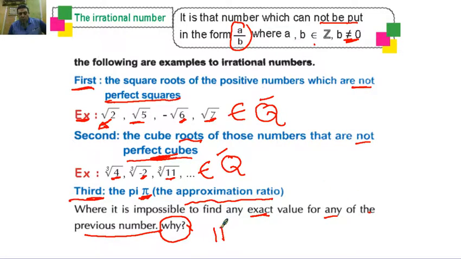Pi equals 3.14 or 22 over 7. This is an approximated value, not exact. So the number pi does not belong to Q, it is not a rational number, but it is an irrational number belonging to Q dash.